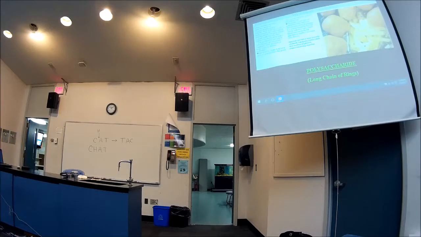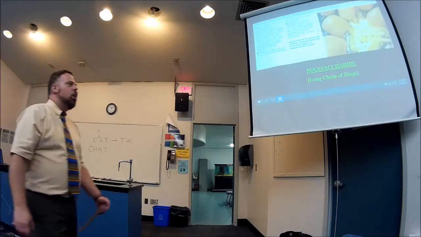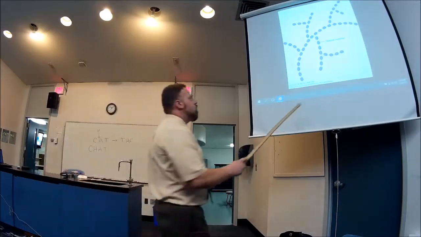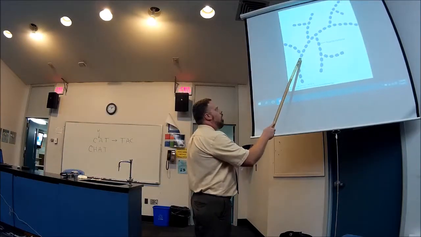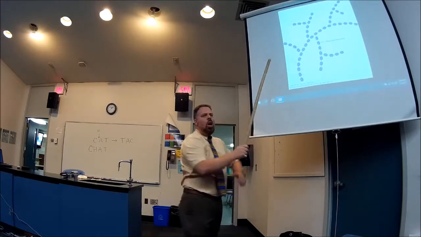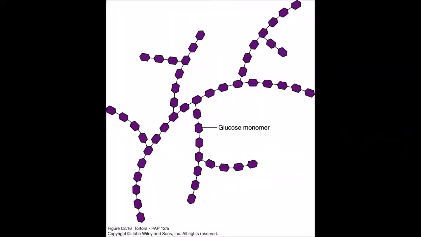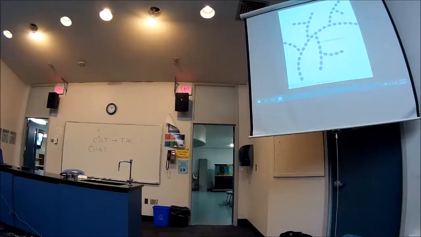Polysaccharides. You've heard of this. These are potatoes, amongst other things. But polysaccharides are long chains and branches of these monosaccharides. Long chains and branches. Huge. Eating a potato is eating the same thing as a Twizzler candy.